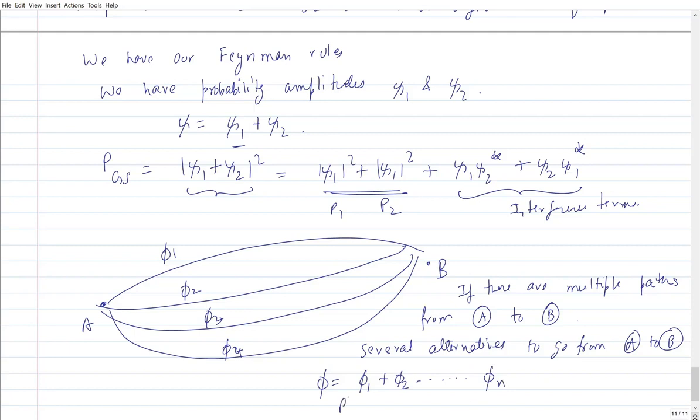And the probability is given by the modulus squared of these.